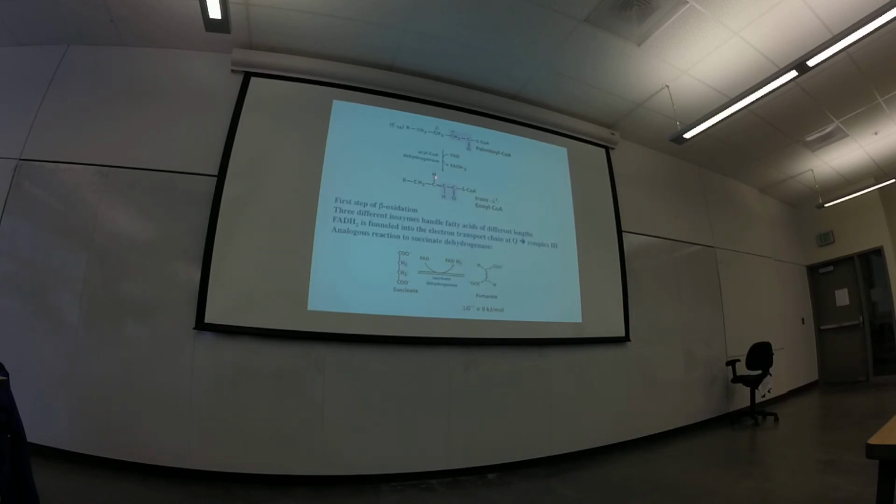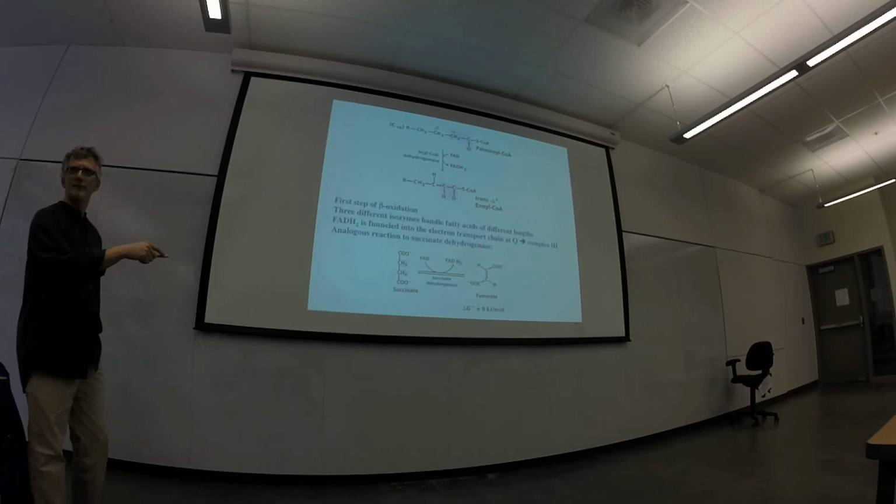Acyl-CoA dehydrogenase, oxidation, reduction of what? Turns out it's FAD, FADH2. Acyl-CoA dehydrogenase generates FADH2, and the electrons are funneled into the electron transport chain at Q, ubiquinone, which is the cofactor in electron transport that we'll talk about later.